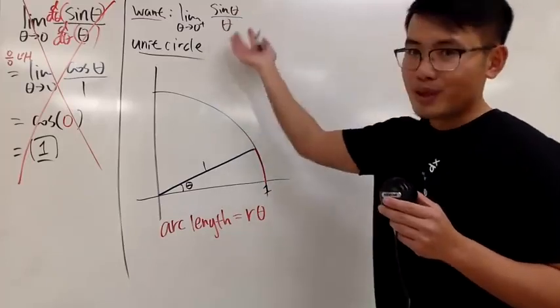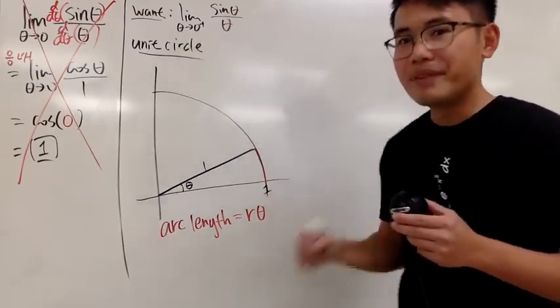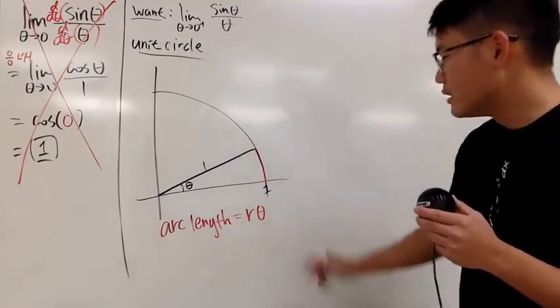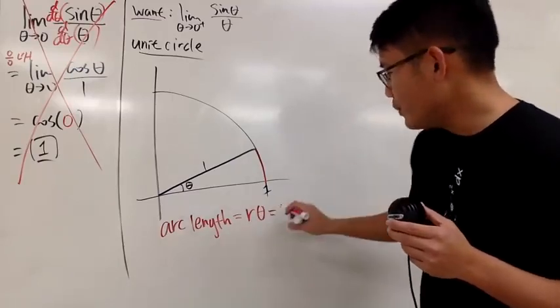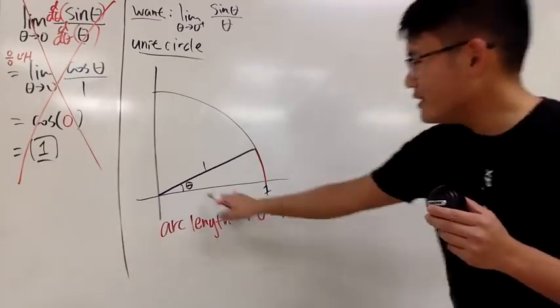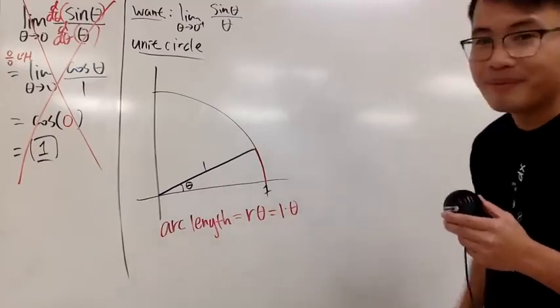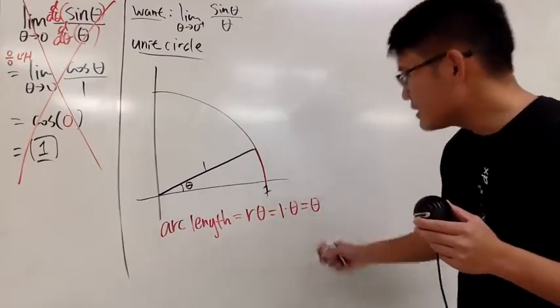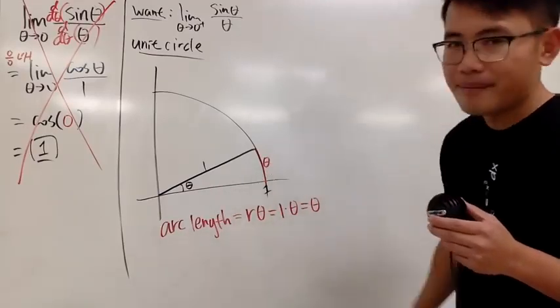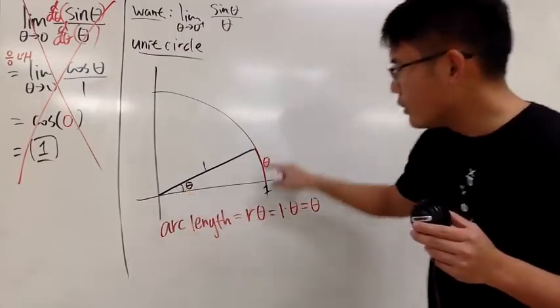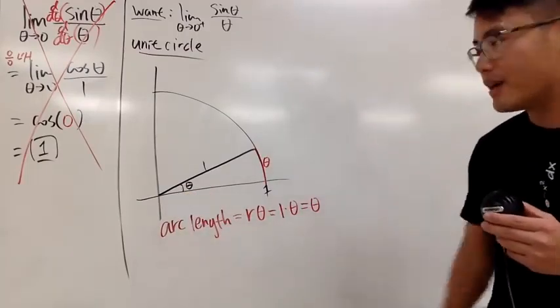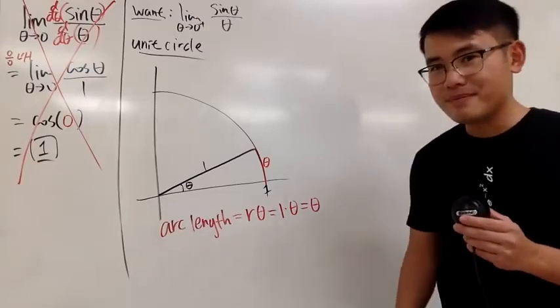Of course, we are all adults now, so this angle theta is in radians already. So in this case, I just need to do 1, which is the radius, times the radian angle theta right here. In other words, the arc length is just theta. This right here represents the angle, and this right here represents the length, all right? So that's the first thing that we need.